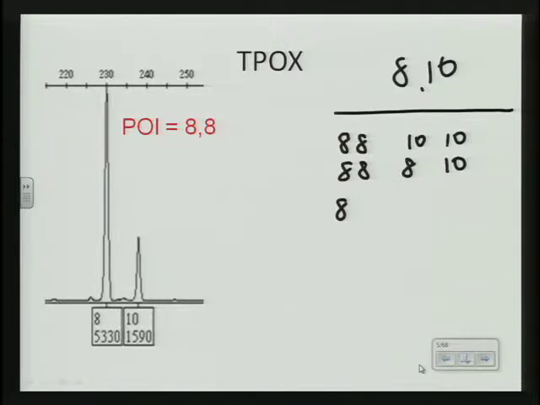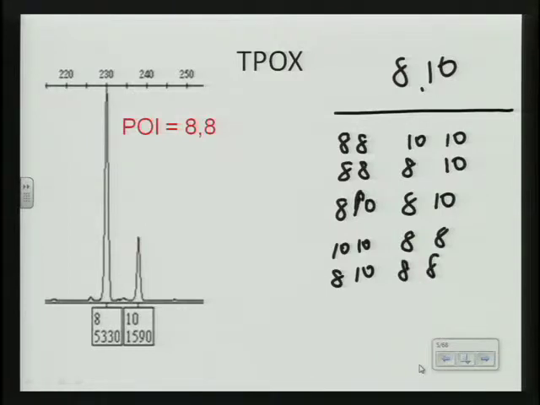I've got to have an 8, 8, 10, 8, 10. That's the 2 hets. I've got to do reverses of those. 10, 10, 8, 8, 8, 10, 10, 8, 8, and there's 2 4s, 2 missing.